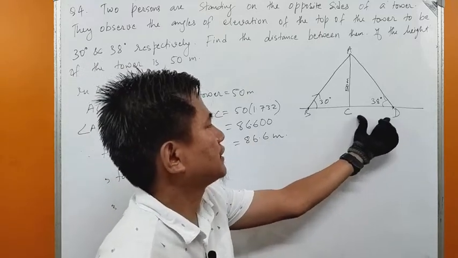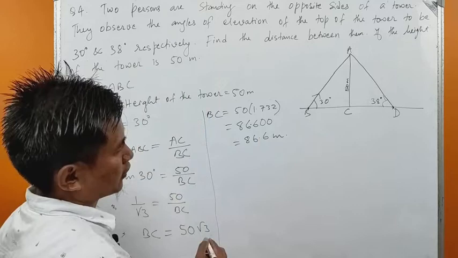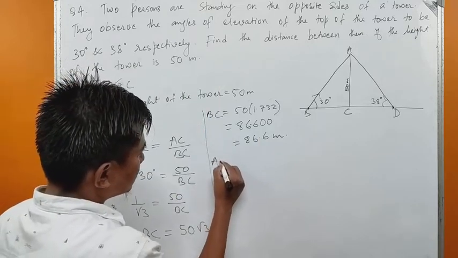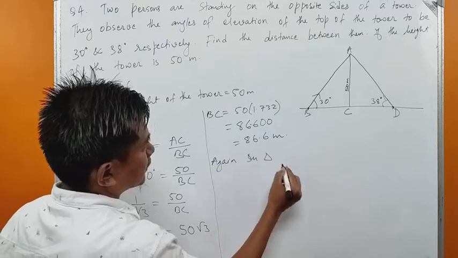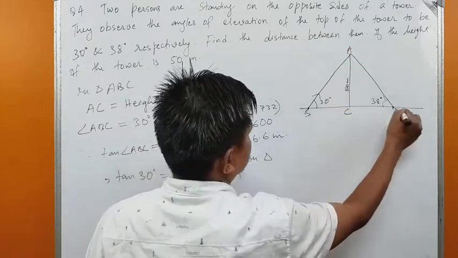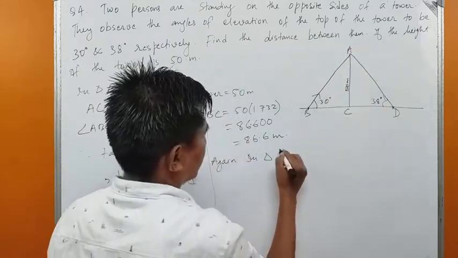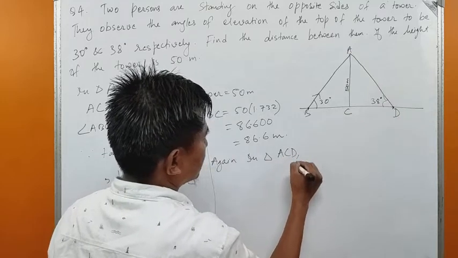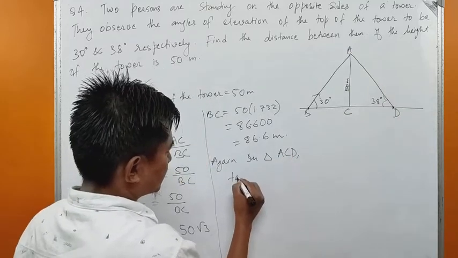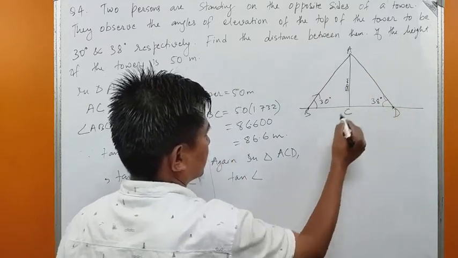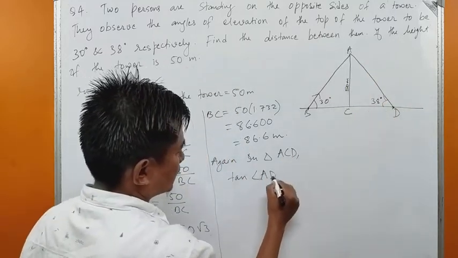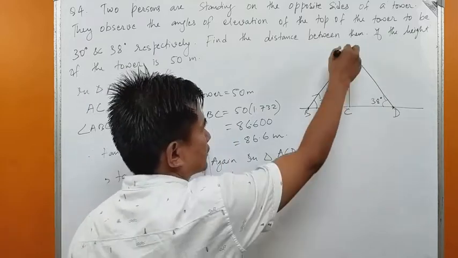We found BC. Similarly we'll find CD, and after that we'll add up. Again in triangle ACD, tan of angle ADC equals perpendicular upon base.